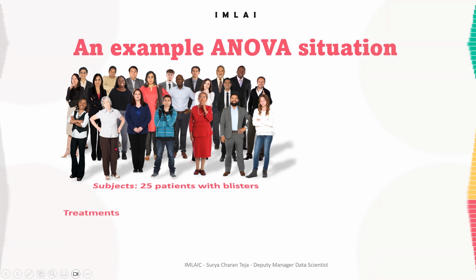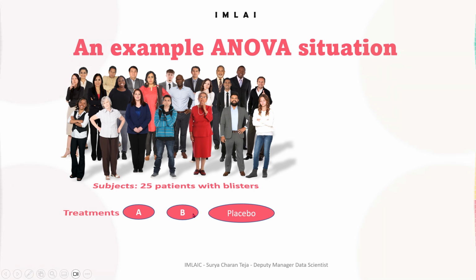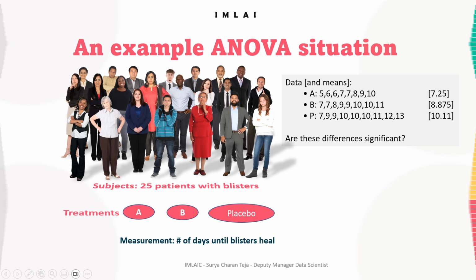Let's take one example situation for ANOVA so that you can understand it much better. Let's take 25 patients. All these patients have blisters, and I have three treatments: treatment A, treatment B, and placebo. I want to measure the number of days until blisters heal.